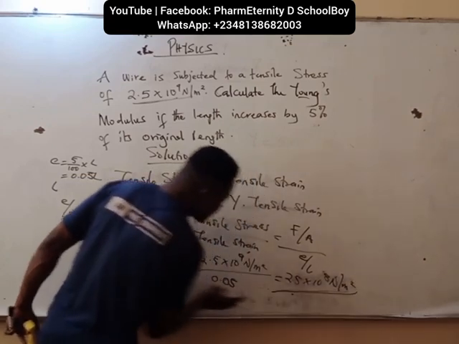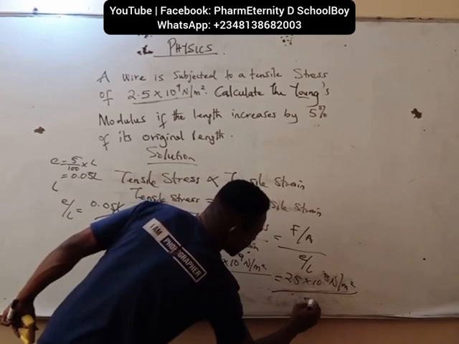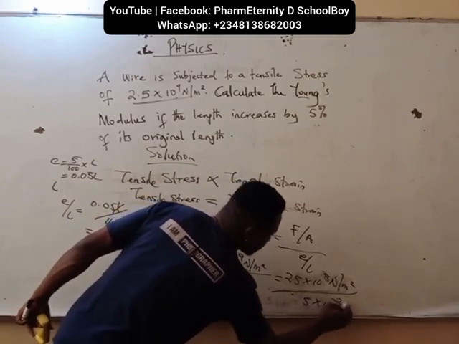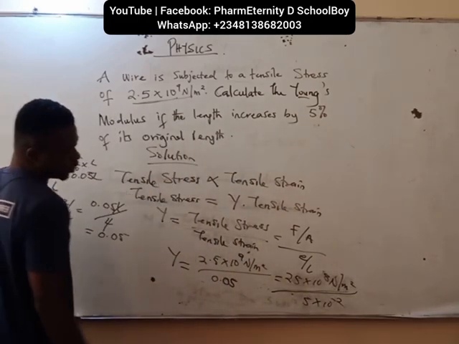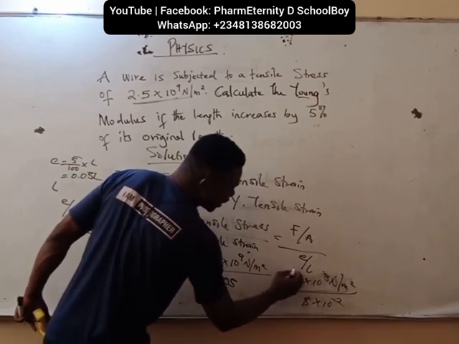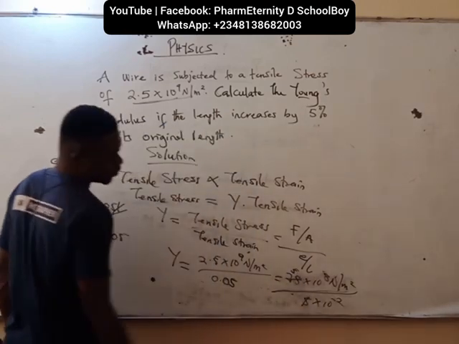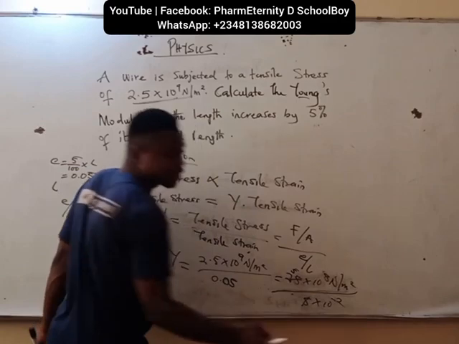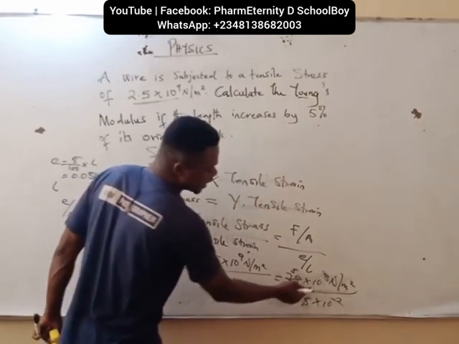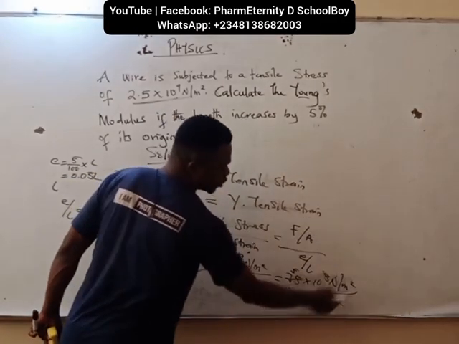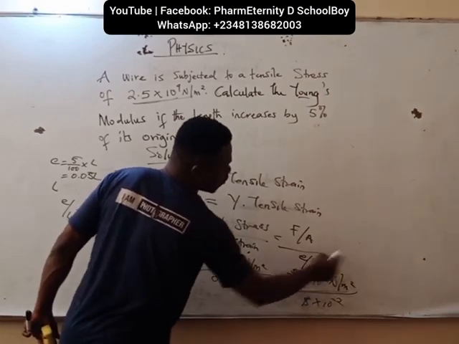All over, changing this to standard form, we have 5 times 10 to the power minus 2. So 5 will cancel 25, we are left with 5. For this to divide this, applying the law of indices, we have 10 to the power 8 minus minus 2.